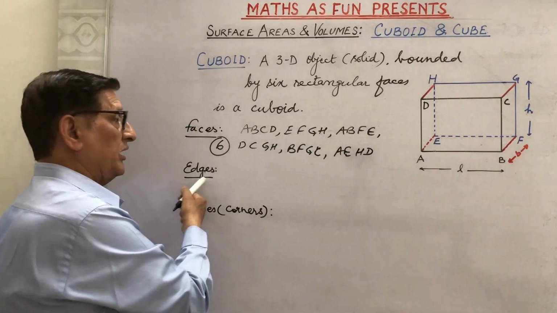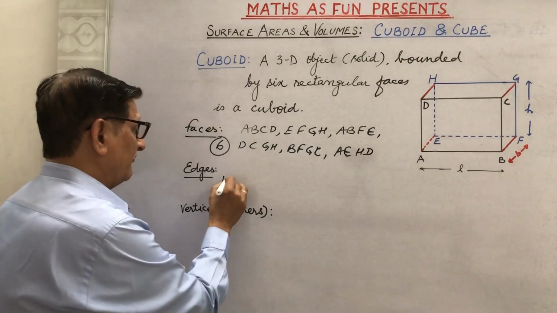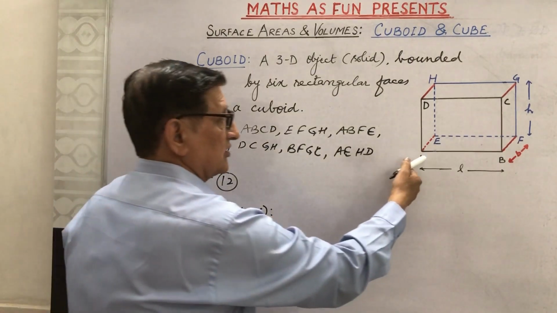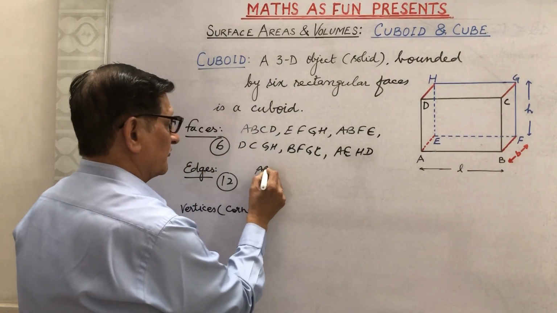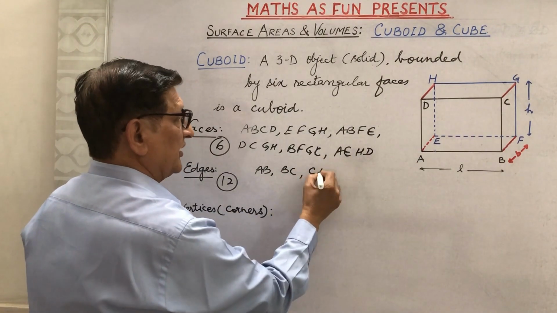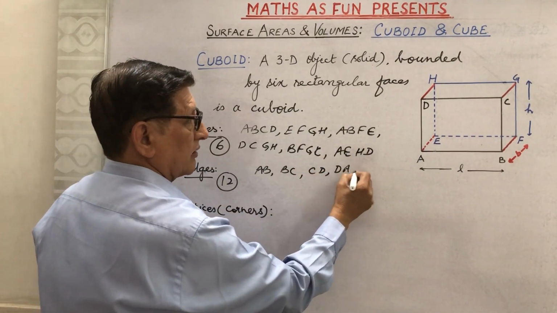Then the edges. There are 12 edges. As we have seen just now, AB is one of the edges. Then we have BC, CD, DA.